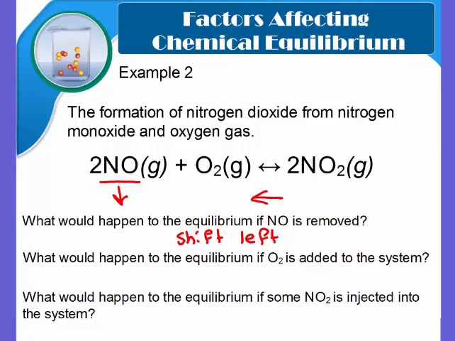Remember, it shifts in the direction to make more of the substance removed. If oxygen is added to the system, then the reaction should shift to the right to use that oxygen up.